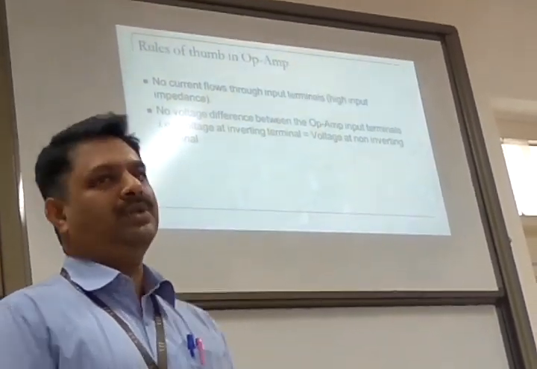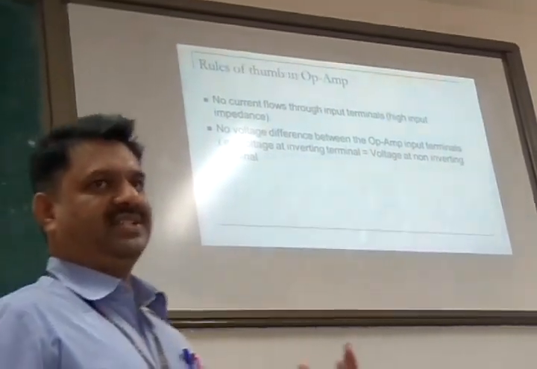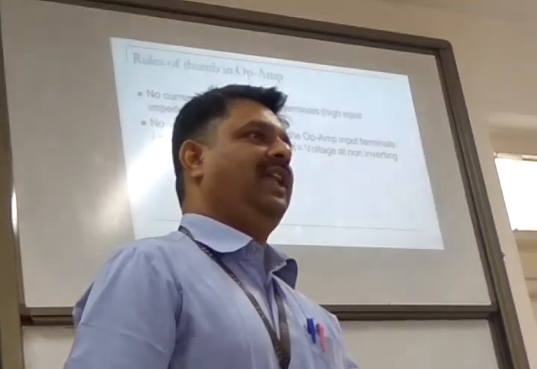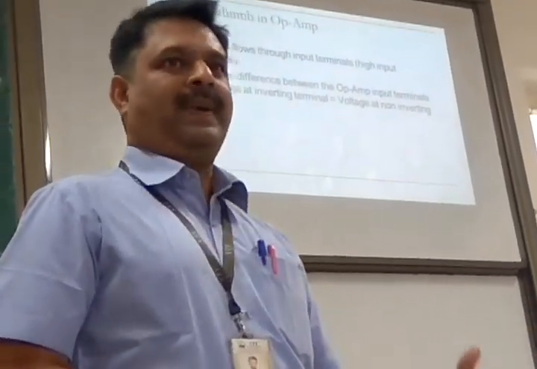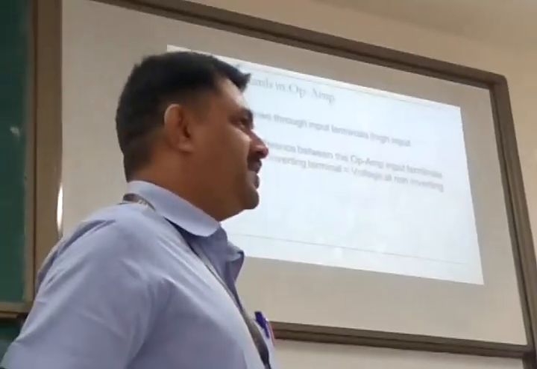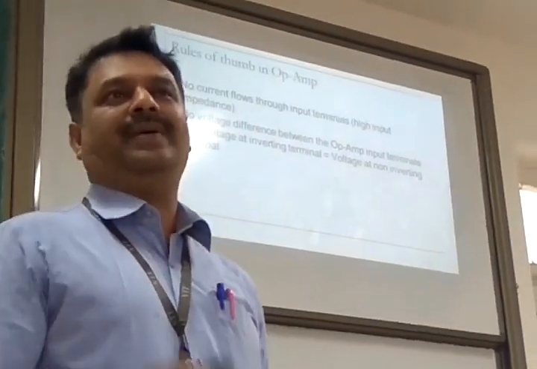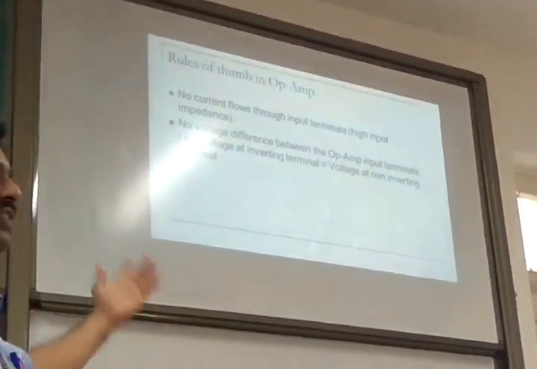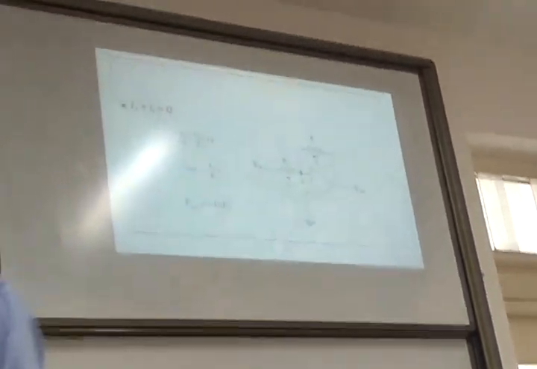These are the thumb rules you should know. This is like a fundamental law, like Newton's law for mechanics. We apply this law, and then from there we derive the energy equation, equations of motion, Bernoulli's equation. All that comes from those fundamental laws. For the operational amplifier, these are the thumb rules based on which we are going to derive.